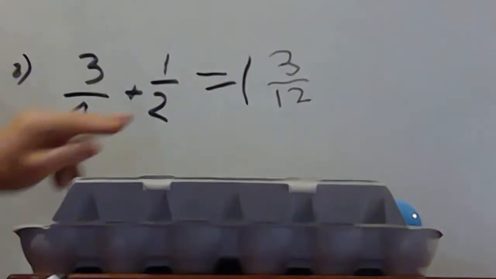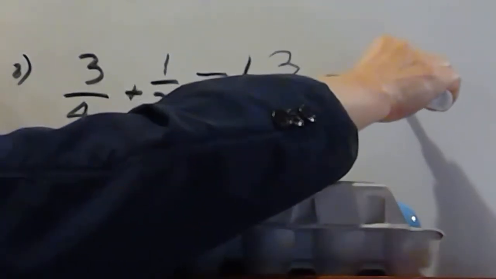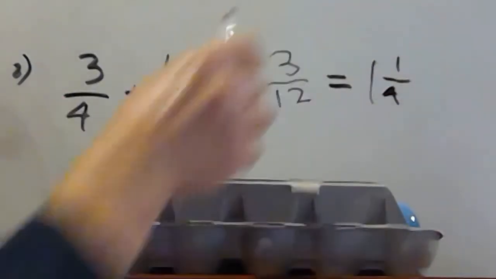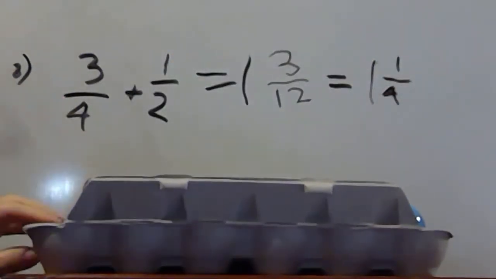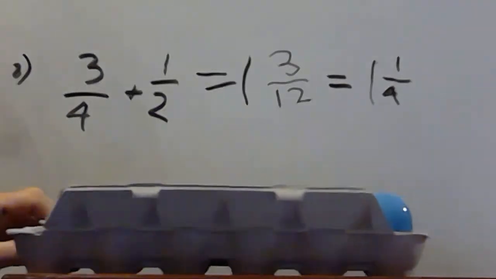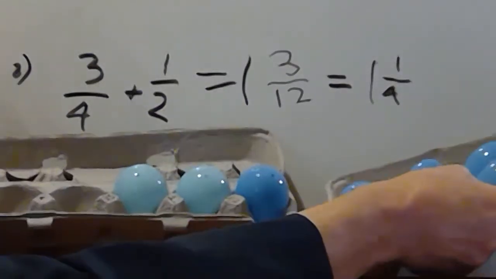And then I can reduce 3/12. And that is equal to, because 3 goes into 3 1 time, and 3 goes into 12 4 times, and that gives me 1/4.